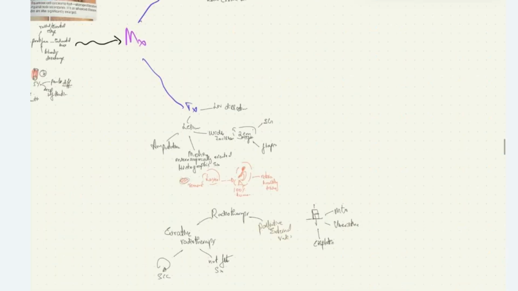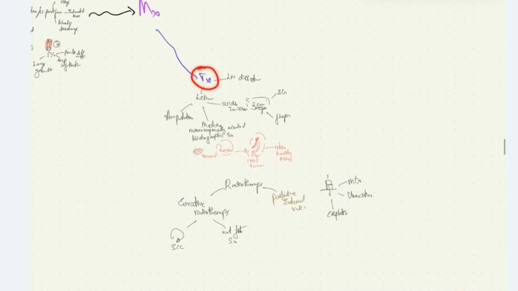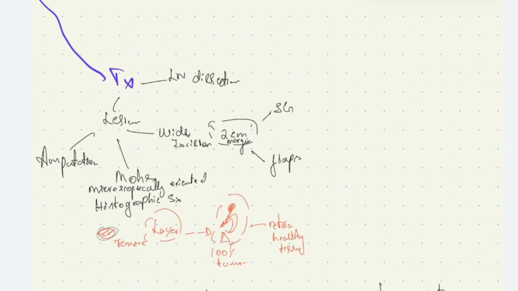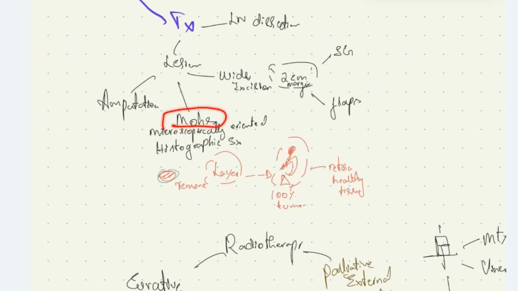Now, how do you treat the disease, which is squamous cell carcinoma? For the lesion, we usually do wide excision of the lesion with 2 centimeter margin, followed by covering of the defect by skin grafting and flaps. Or also we can do MOHS procedure, that is microscopic oriented histographic surgery, where the surgeon will remove the cancerous tissue layer by layer.